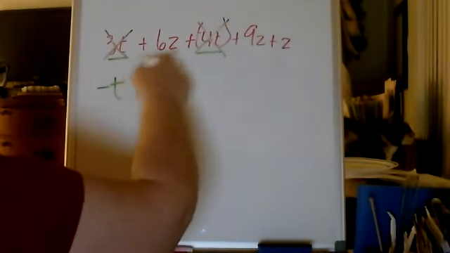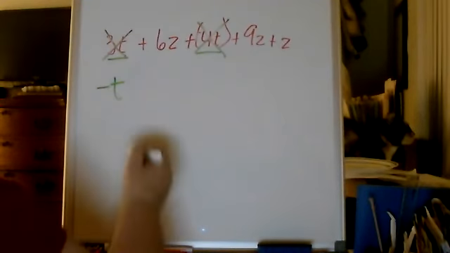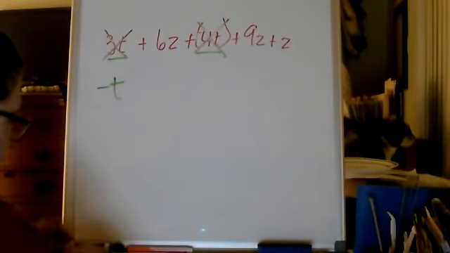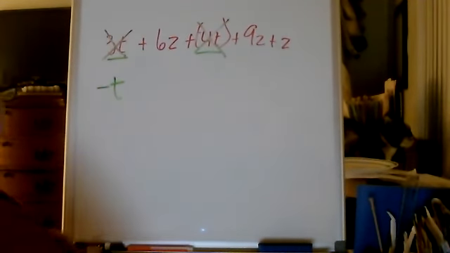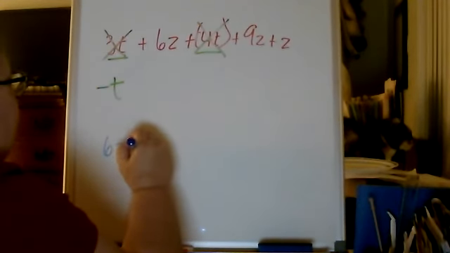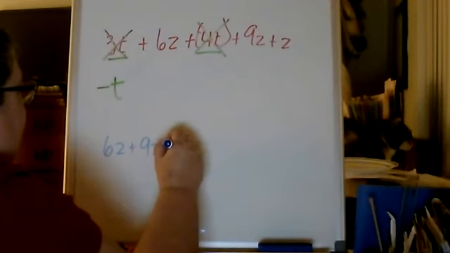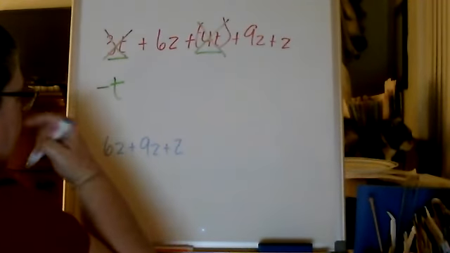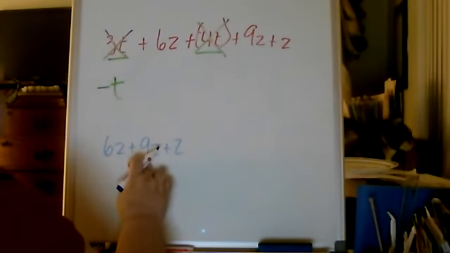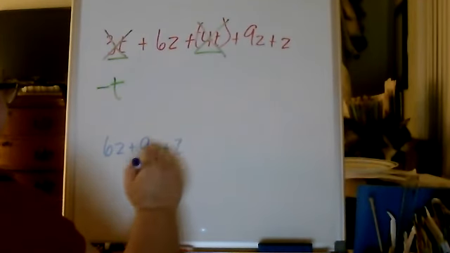And so now all we have left are Z terms. So we have 6Z plus 9Z plus Z. 6 and 9 are 15 plus another Z, which the 1 is implied.